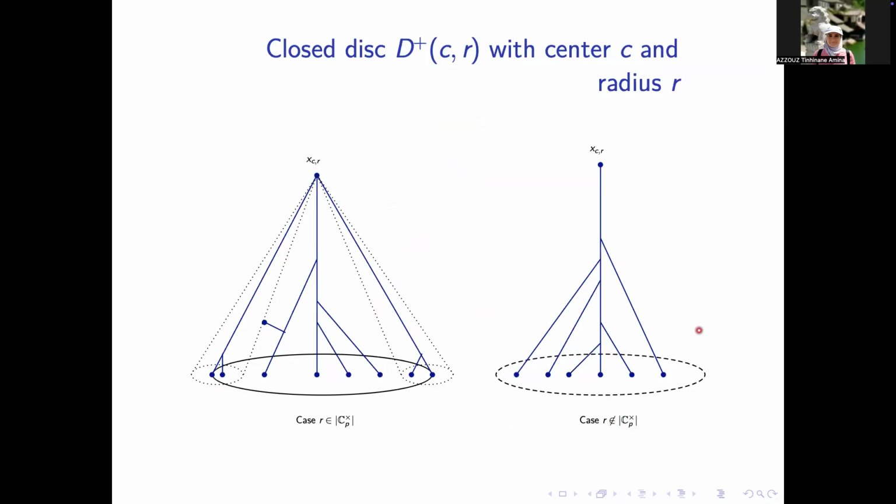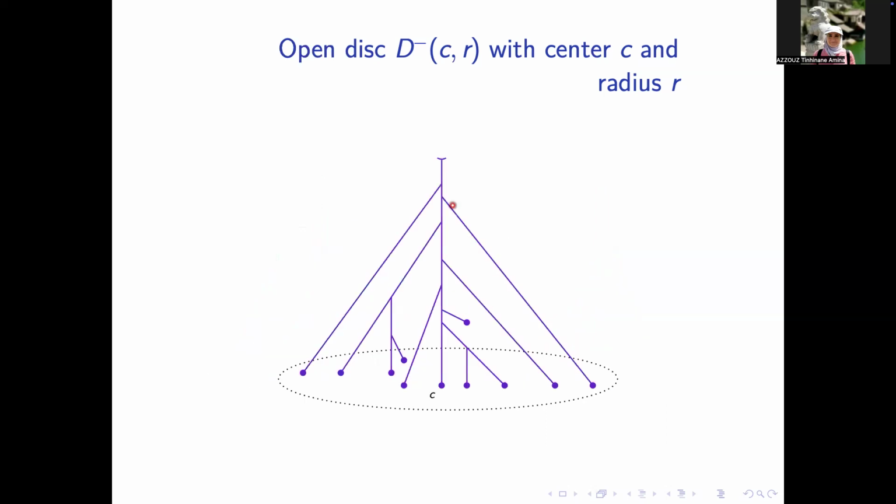However, in this case it should be glued with the points that are here. Then what is the open disk? It's just that I take off this point and all the points belonging here. In this case, since there is no point, I will just remove this point, and this is the open disk.